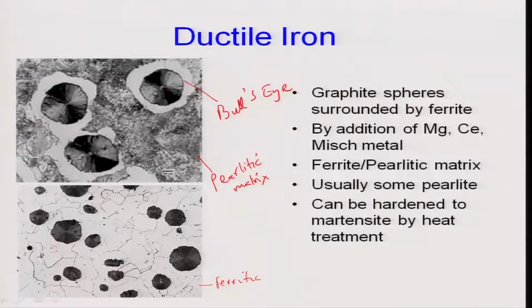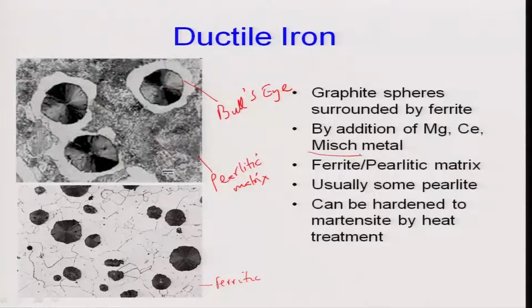Now the question is how the long flakes in gray iron are converted into round graphite spheres. This is mostly done by the addition of a few elements in the melt. The first one is magnesium or cerium or mischmetal. Mischmetal is a mixture of rare earths, cerium and many other rare earths, dysprosium, so many rare earth metals; it is a mixed metal.